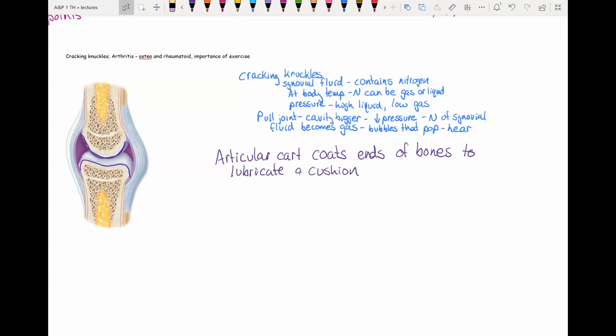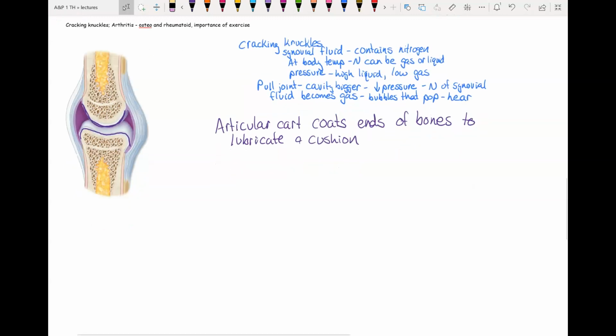Arthritis is when something happens to damage that cartilage. So it's either damaged or it's not there anymore.